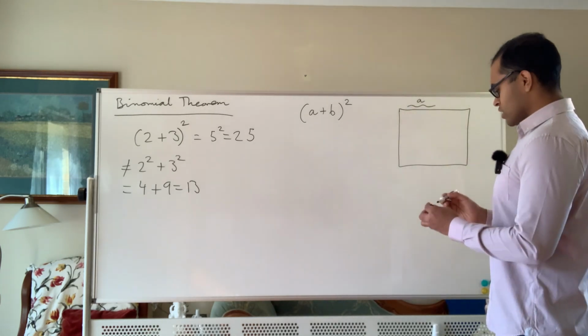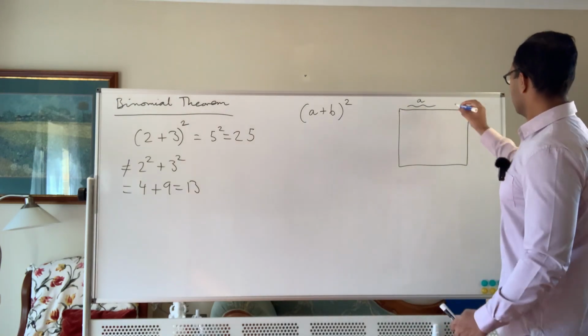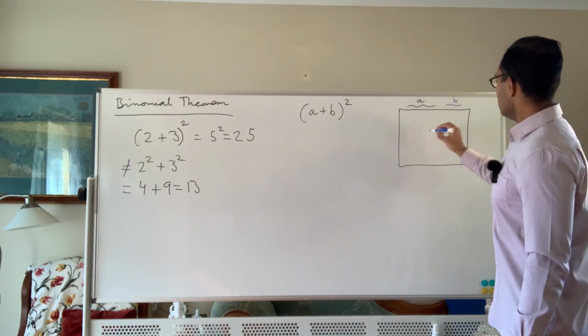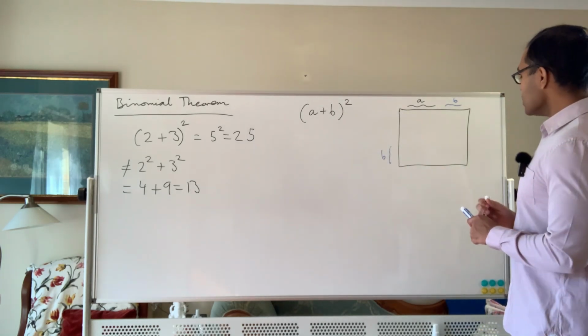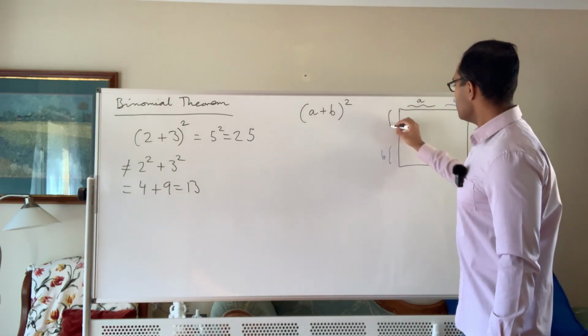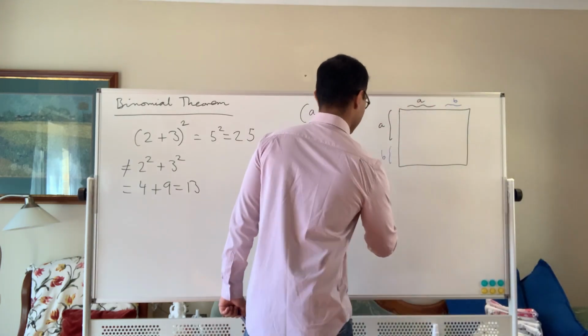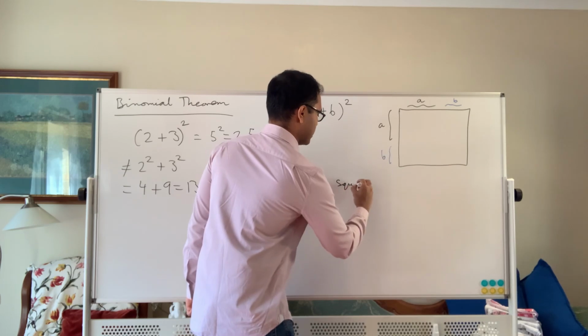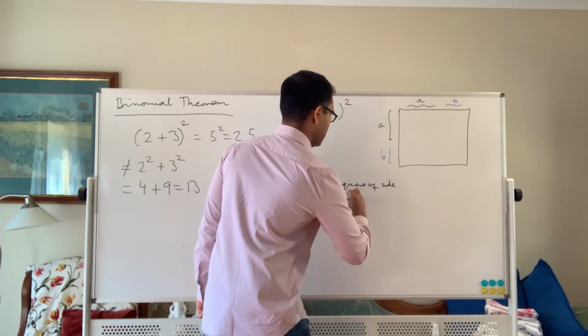One side length is going to be A, and perhaps I will use some different colored markers here. Another side length is going to be B. What I mean by this is that the total side length of the square is going to be A plus B. Okay, so this is a square of side length A plus B. So I'm going to write that down, square of side length A plus B.